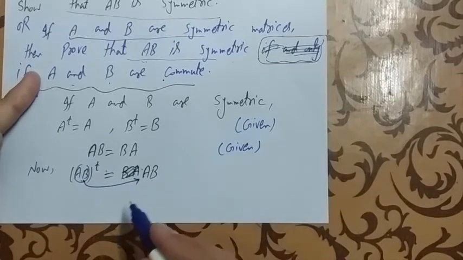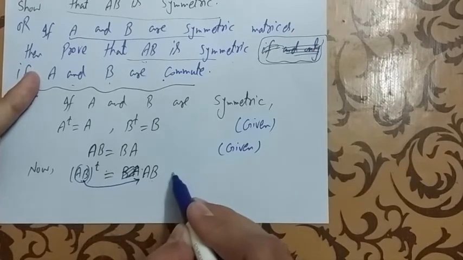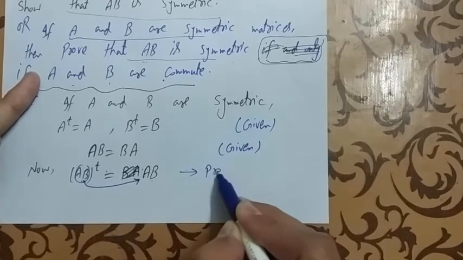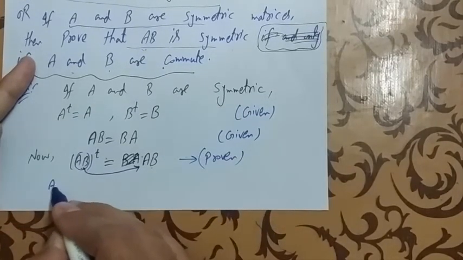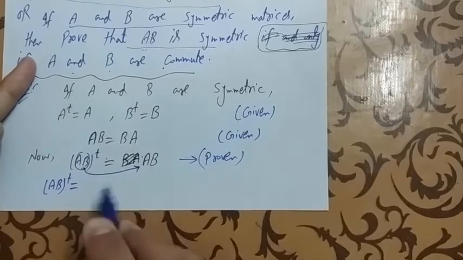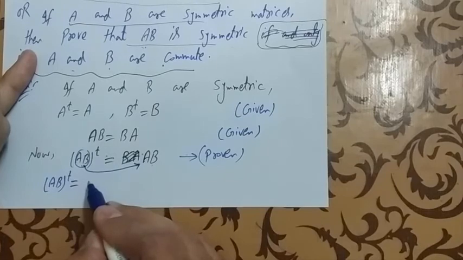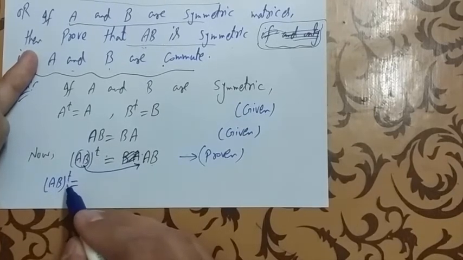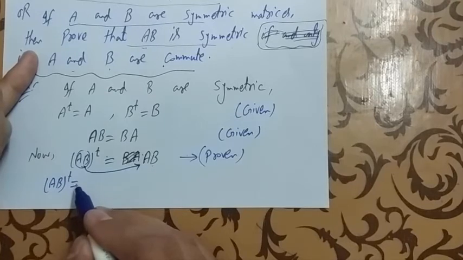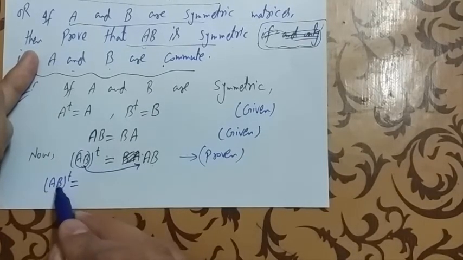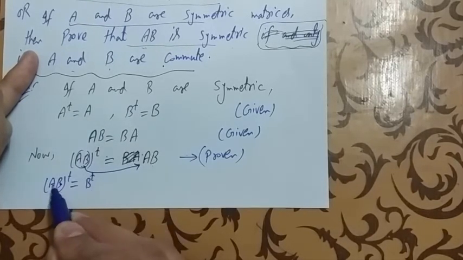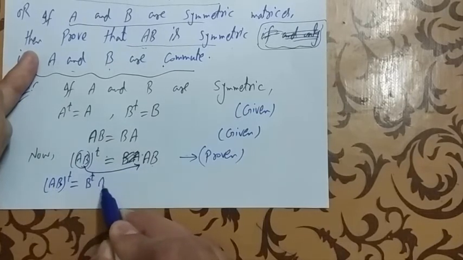First of all, we take AB transpose. By using the property of the matrix transpose, when we take a transpose, first we write the transpose of the second matrix and then the transpose of the first matrix. So AB transpose is B transpose A transpose.